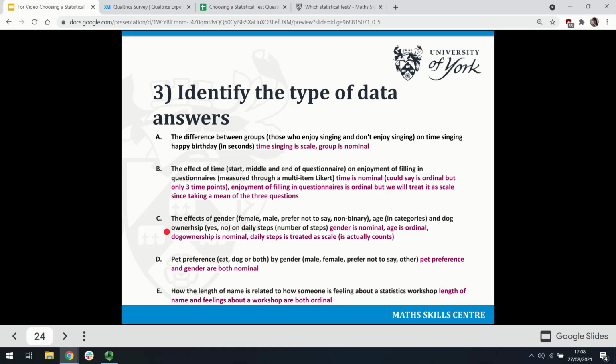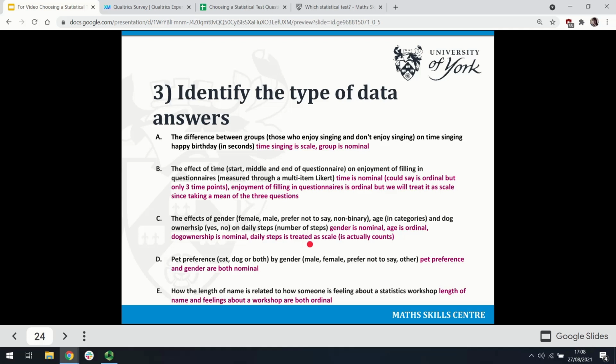If we'd asked what a person's age was, and they had to write 31, 22, 66, then our data would be scale data. Dog ownership is nominal. It's a yes-no question, which are always nominal. And then daily steps, we treat that as scale.